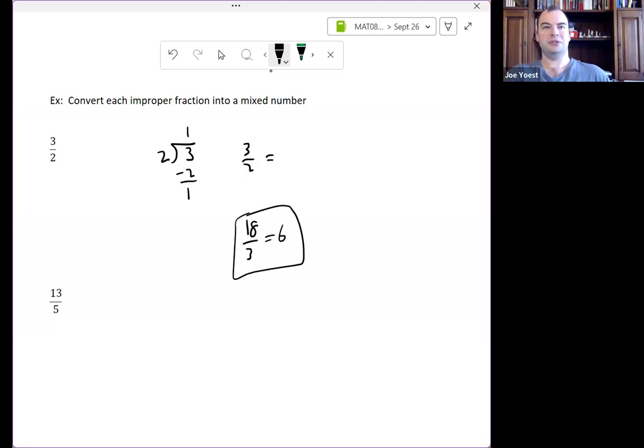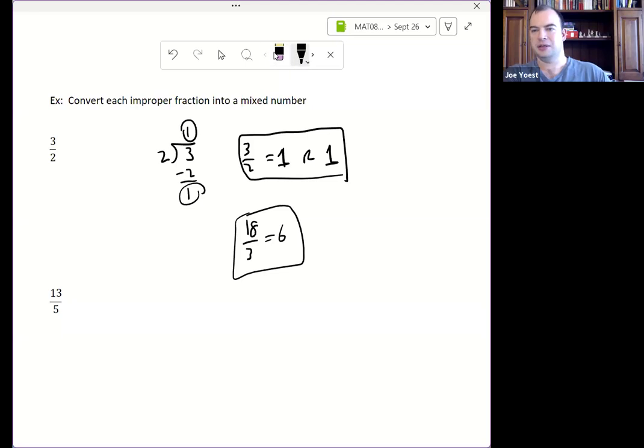This is a problem we might have seen in the last chapter or an earlier chapter. So 3 halves is what? It's 1 with a remainder of 1. This is how we'd have written it before. To be clear exactly what I mean, this is 1 with a remainder of 1.